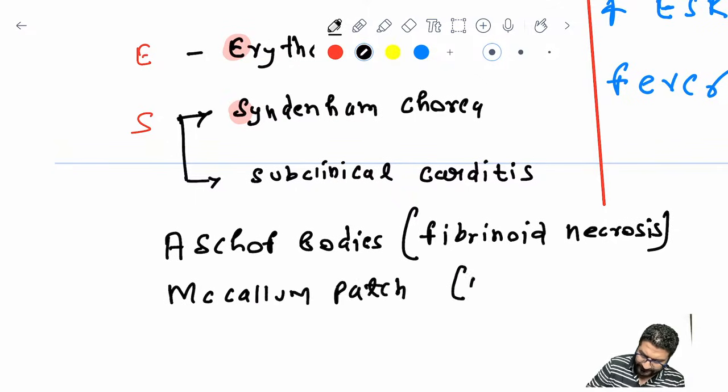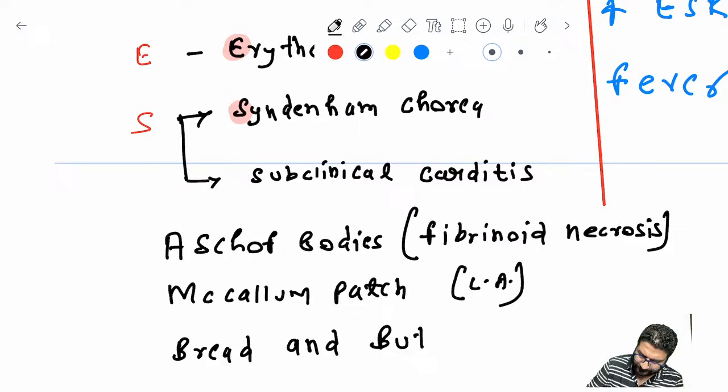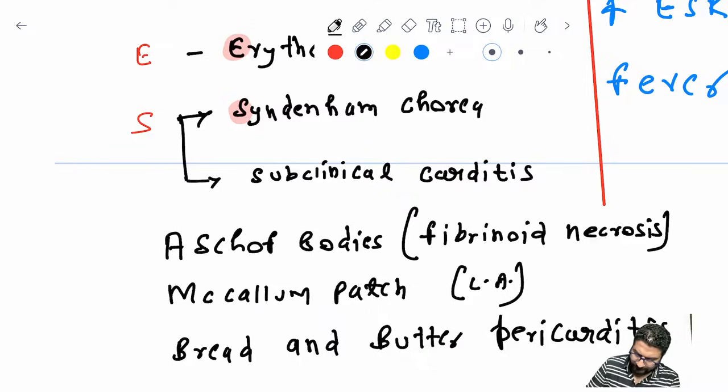McCallum patch you will see where? In left atrium. Then patient will have bread and butter pericarditis. Bread and butter pericarditis. Dystrophic calcification.